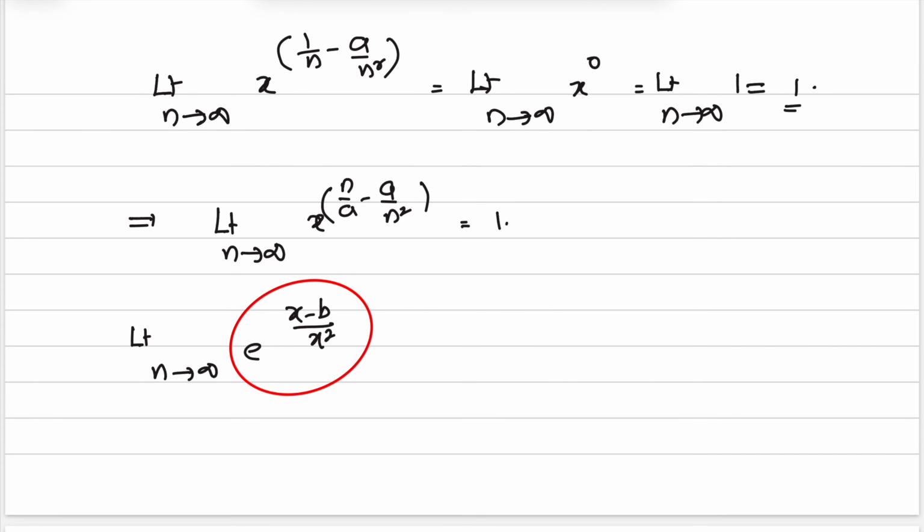As there is no variable n here, whatever value n tends to, this is a constant. Hence the value will remain the same. Like 1 is a constant, the value remains 1. This constant will remain the same because there is no variable n in the denominator. Hence it becomes e to the power of x minus b by x square.